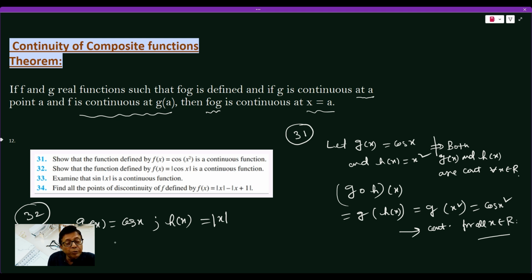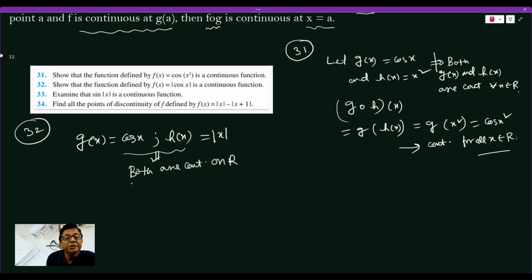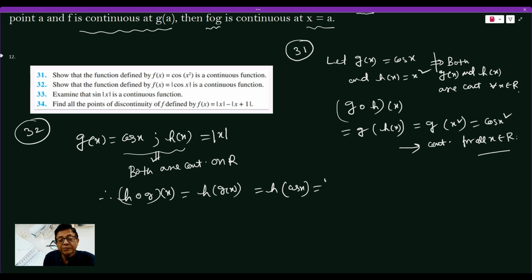You know both of these functions are continuous on R. So their composition, that is h compose g(x), which is h of cos x, that is mod of cos x, is also continuous on R. Similarly, you can check it for sin mod x.